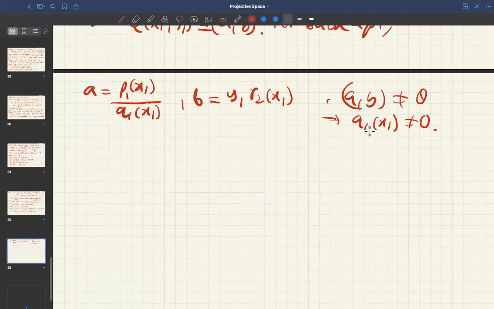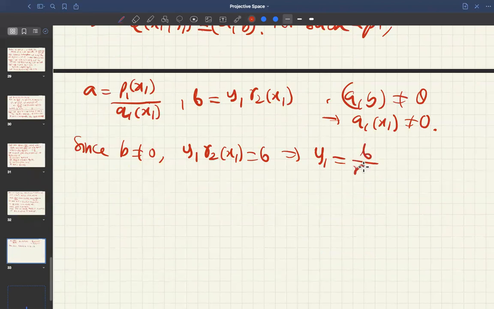Now once Q1 is nonzero, R2 is defined. Since B is not equal to 0, y1 R2(x1) equal to B implies that y1 is B by R2(x1), which is non-zero.